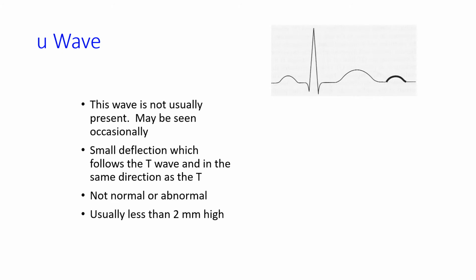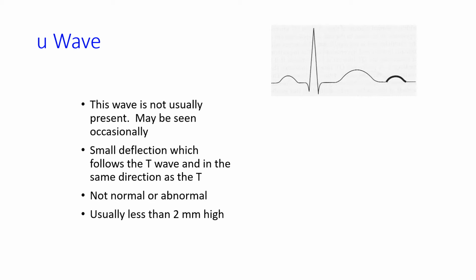A U wave is usually not seen, and it only happens occasionally, but it usually comes and it's very low voltage. This gives so much more credit to it than it really is. So you might see a very low voltage as opposed to this higher voltage there. But a U wave is just an extension of repolarization. And oftentimes you'll see a U wave in hypokalemia or hypomagnesemia. So it makes sense.